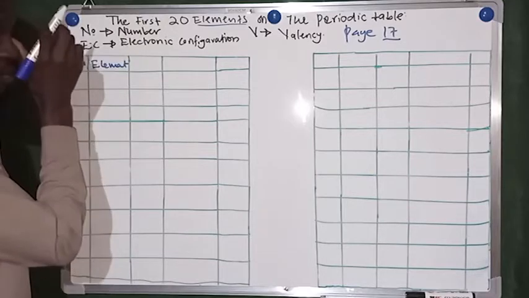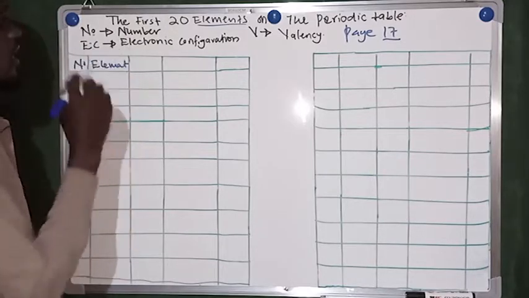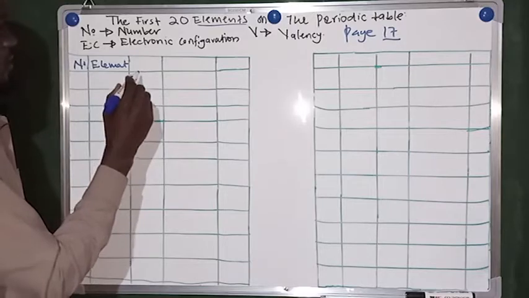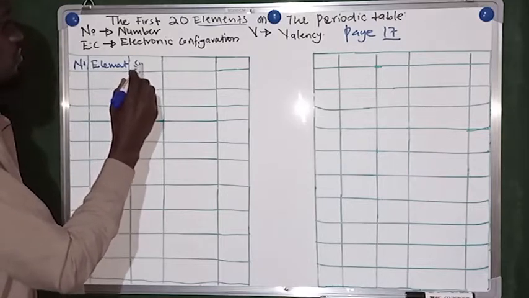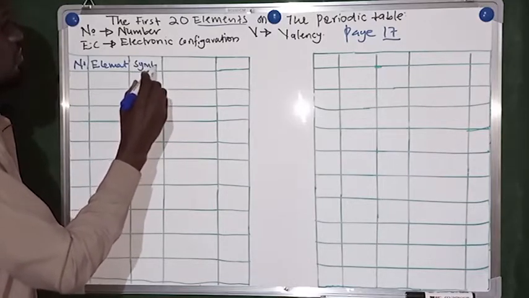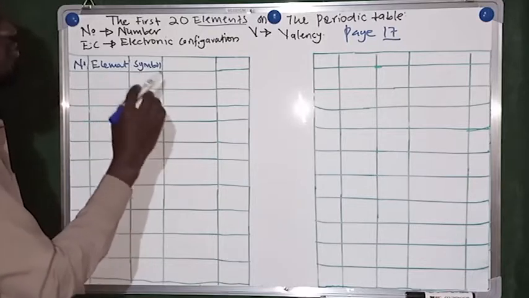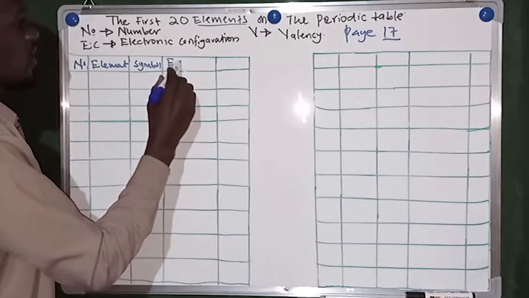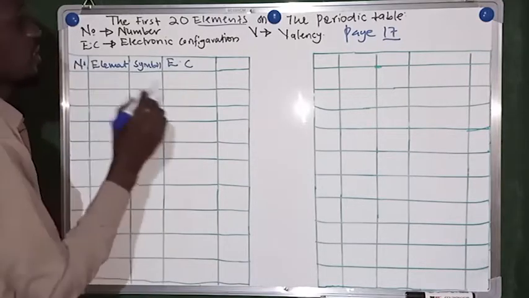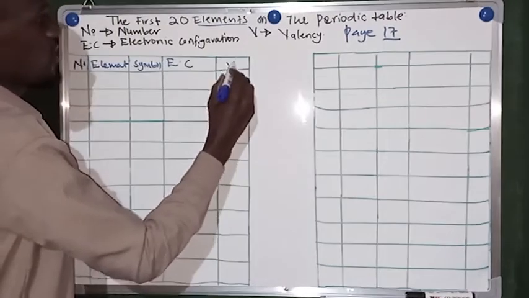Now the next one is going to be the symbol. The next one is going to be the electronic configuration. Now the last one is going to be the valence.